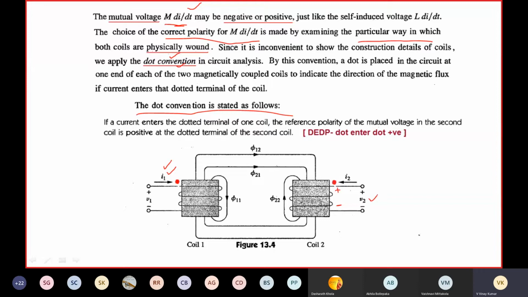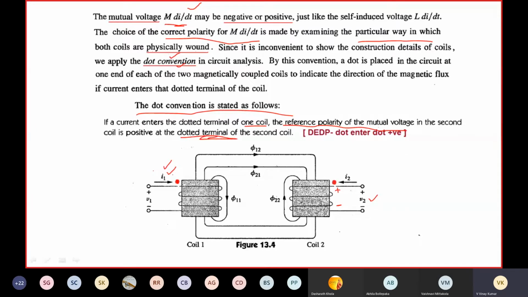V2 is the EMF induced across the secondary coil. V2 is the mutual induced EMF because of current in coil 1. So here, if current enters the dotted terminal of coil 1, the reference polarity of the mutual voltage in the secondary coil is positive at the dotted terminal.